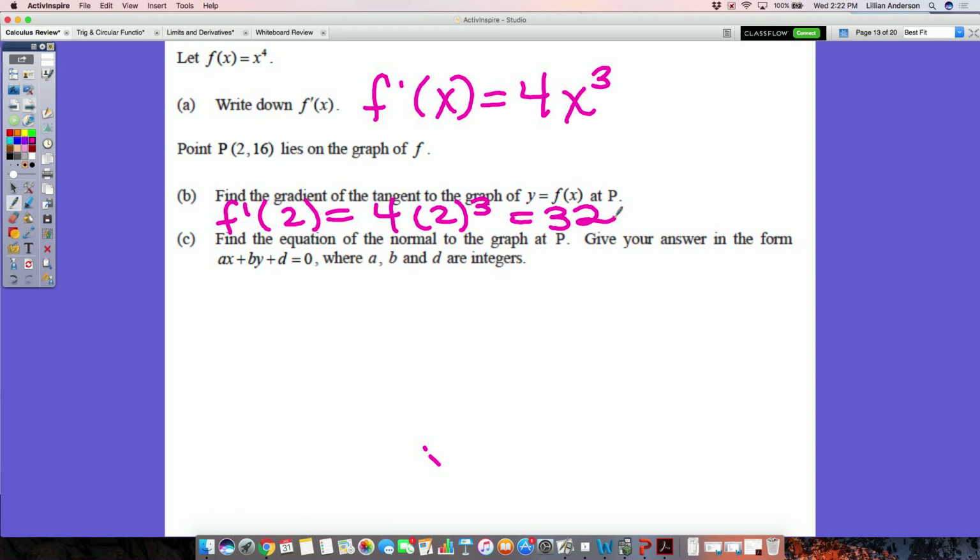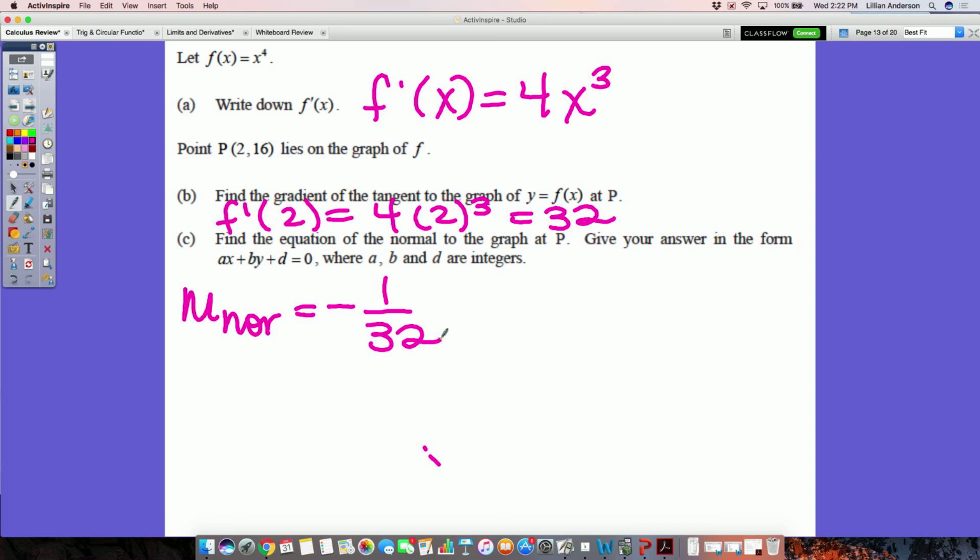But it asks us to write the equation of the normal line, which means the slope of the normal line is going to be what? Negative 1 over 32. That's what I was trying to say on the previous slide. The normal line is the opposite reciprocal of the tangent line. Okay?